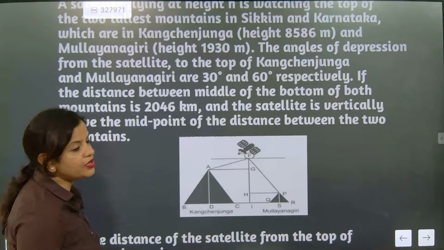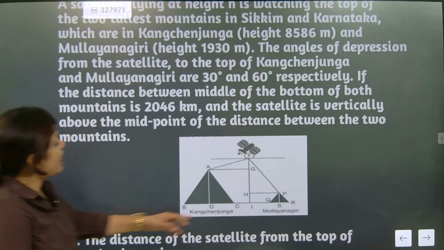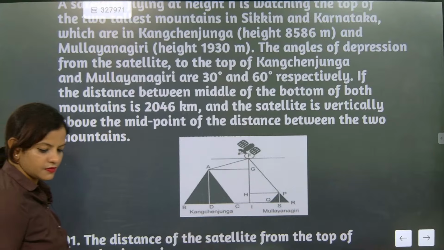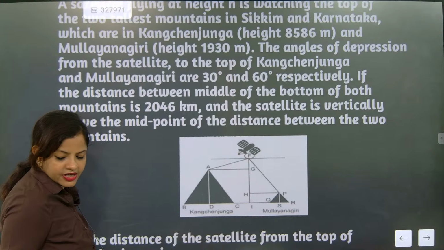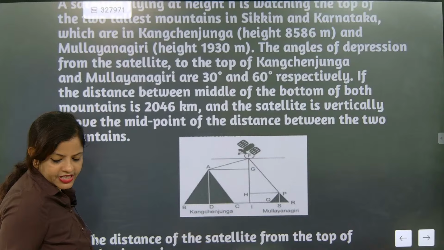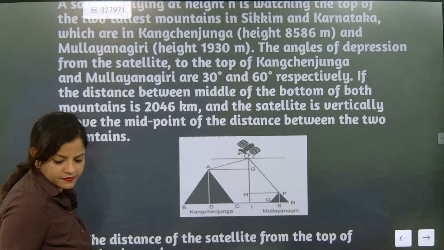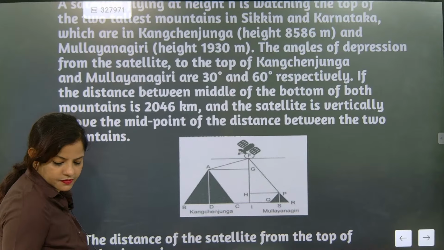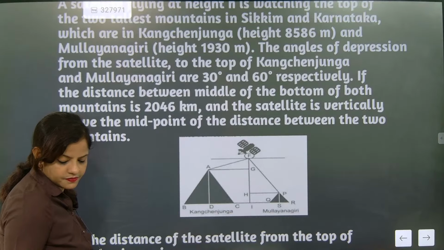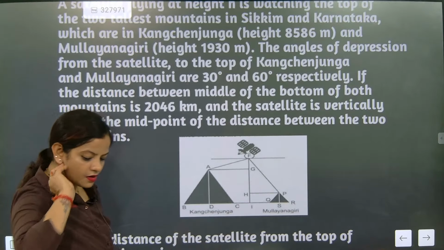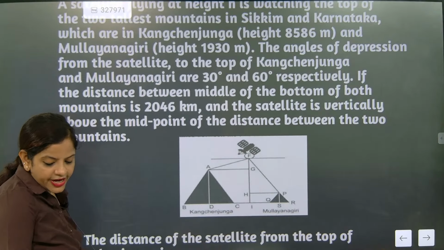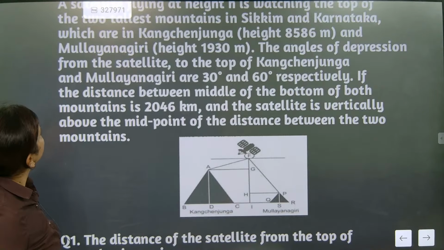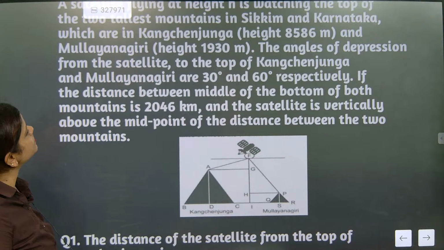And this height is 1930. One is 8586 and second one is 1930.